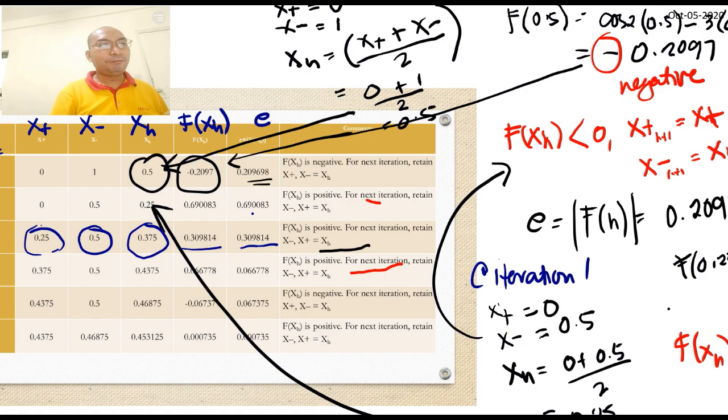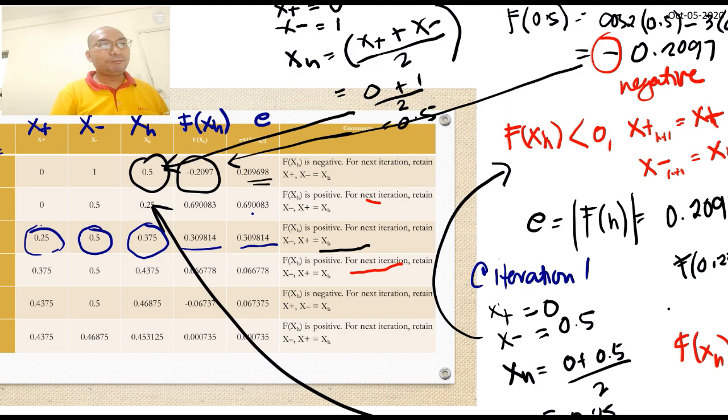And since again this is positive, if the answer of your function is greater than 0, you retain the x minus, and your x plus will assume the value of your x sub h. So that's why the x plus here is the x sub h of the previous. The x minus is still the same.